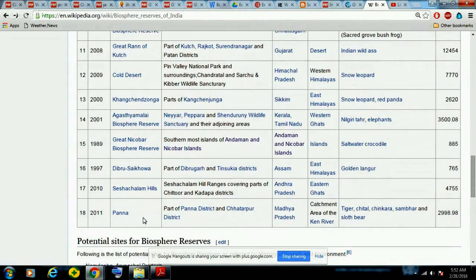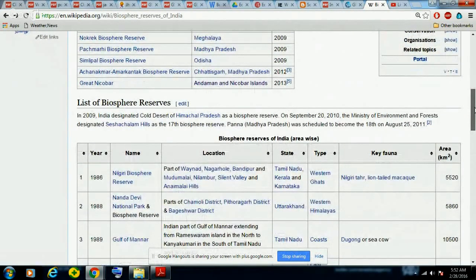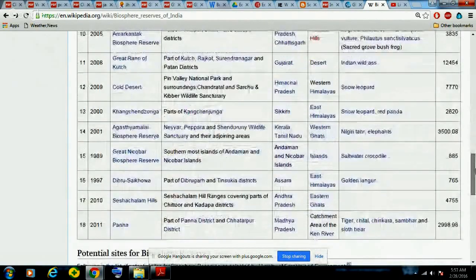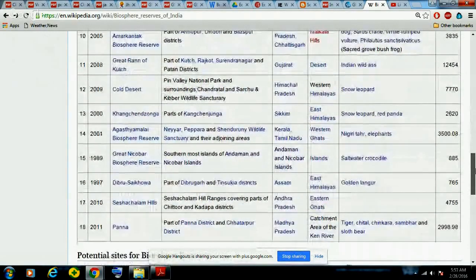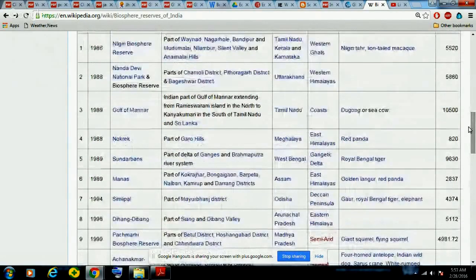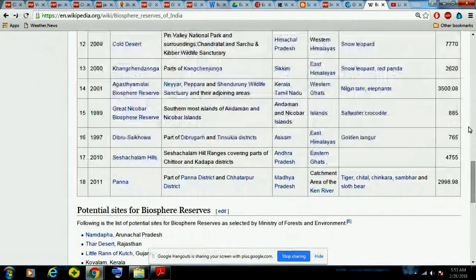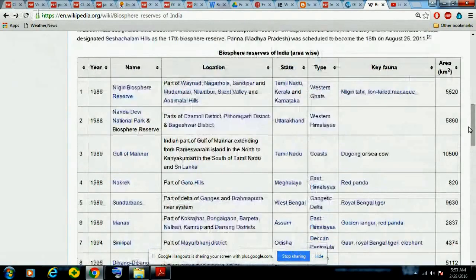And then Panna Biosphere Reserve is established in Madhya Pradesh in the catchment area of the Ken River, and here tiger, cheetal, chinkara, sambar and sloth bear are found. So the first biosphere reserve set up by the government of India is the Nilgiri Biosphere Reserve in 1986, and the most recent biosphere reserve established by the government of India is the Panna, set up in the Madhya Pradesh region.